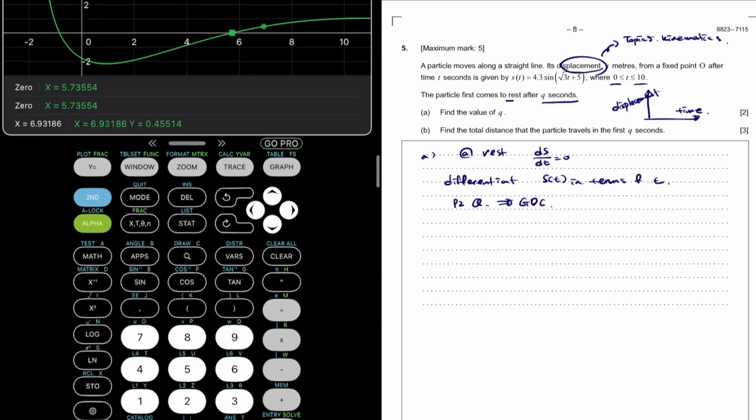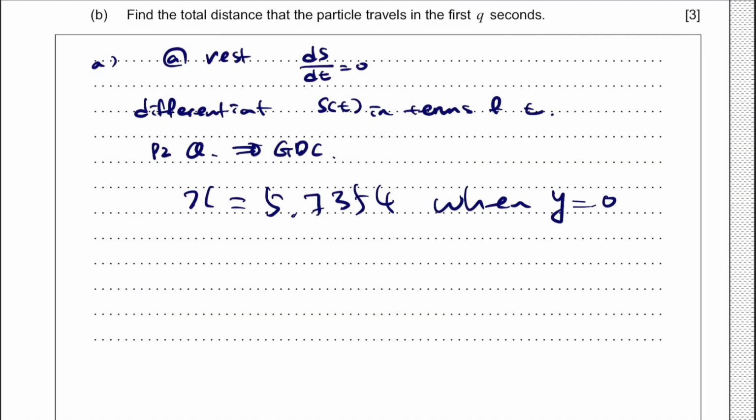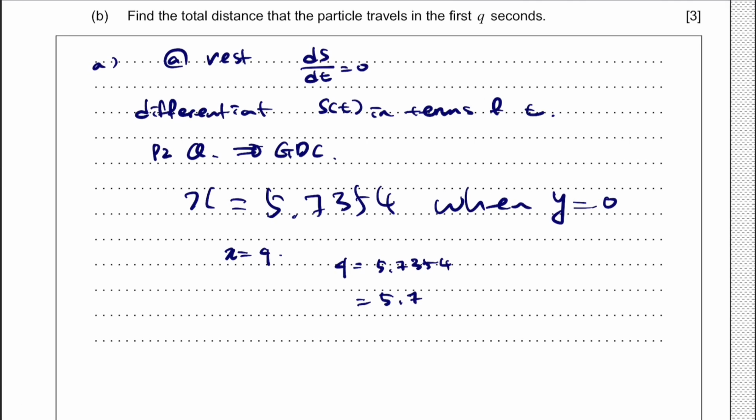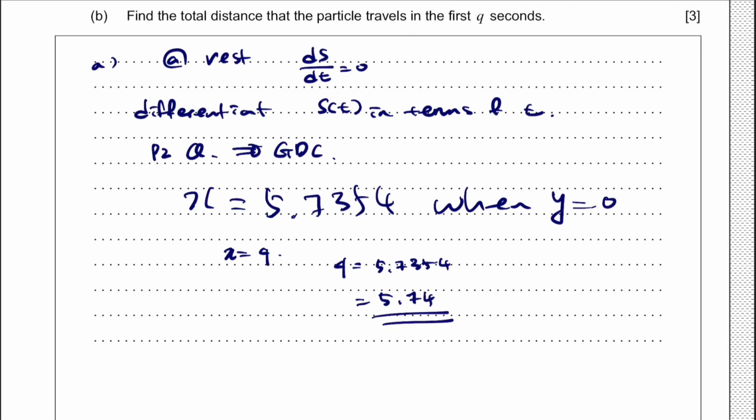Then you can see that our x value is 5.7354 when y is equal to 0. Since x is the same as the q value, q is equal to 5.7354, or 5.74 with the 3 s.f. rule.